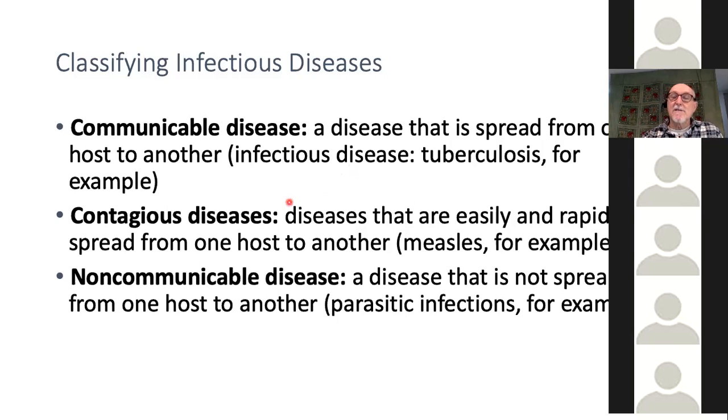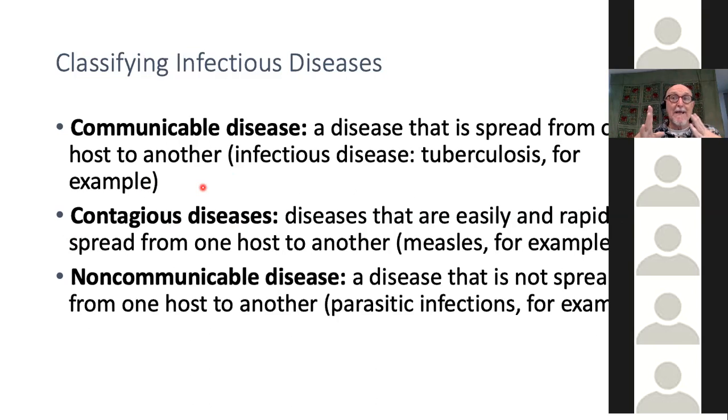A contagious disease is a communicable disease, but it is spread directly from host to host. And the contagiousness can vary tremendously. Some are not very contagious. Others are extremely contagious. So a communicable disease is any disease that can spread from host to host. That's how disease maintains itself.